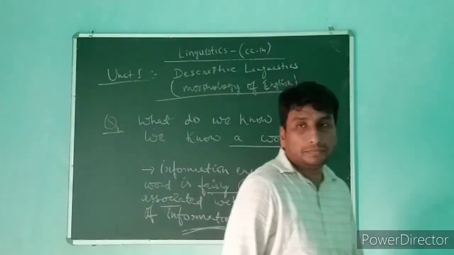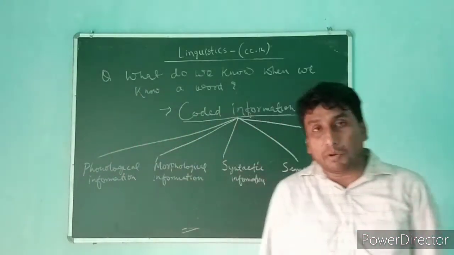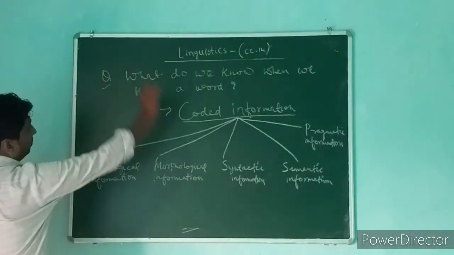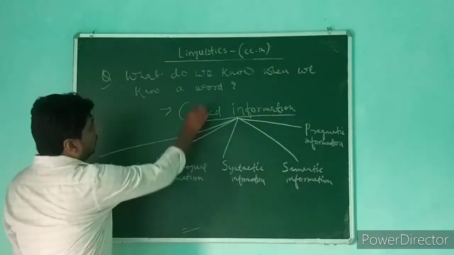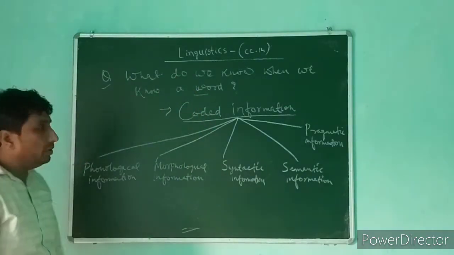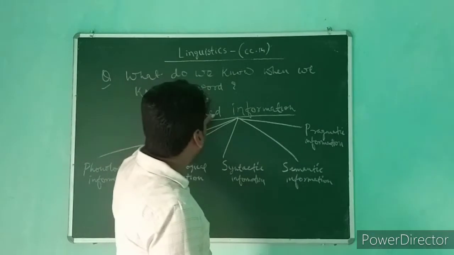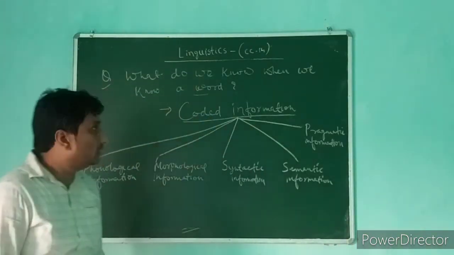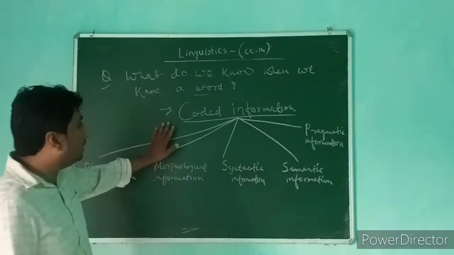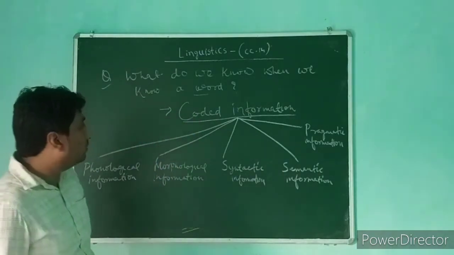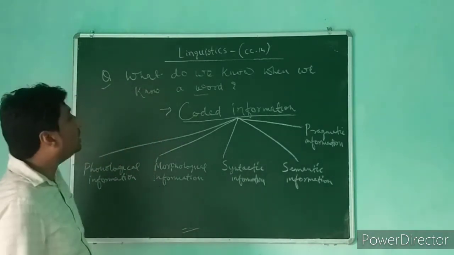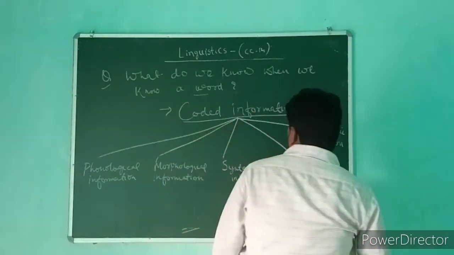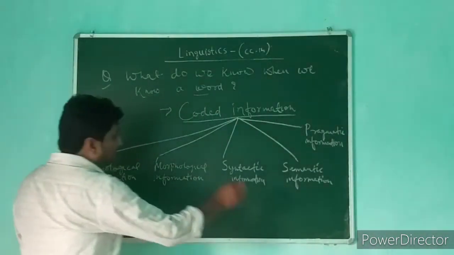So we are trying to understand what we actually know when we know a word. As I told you earlier, a word is primarily coded information. And what kinds of information does a word have?